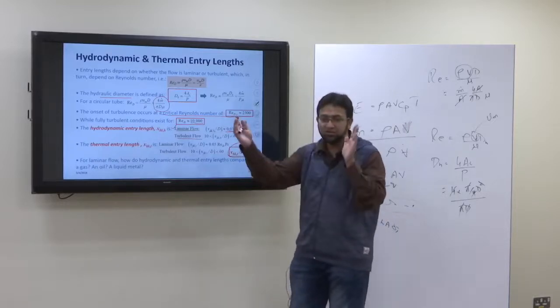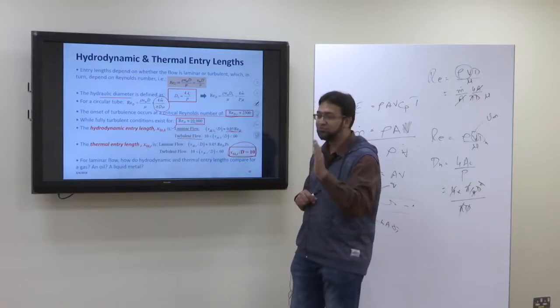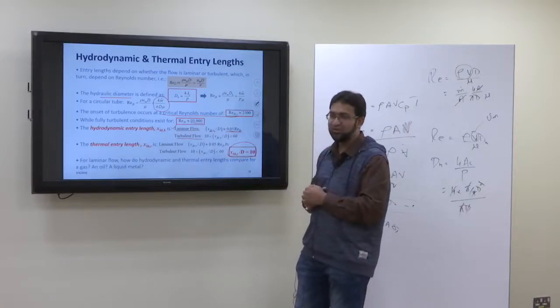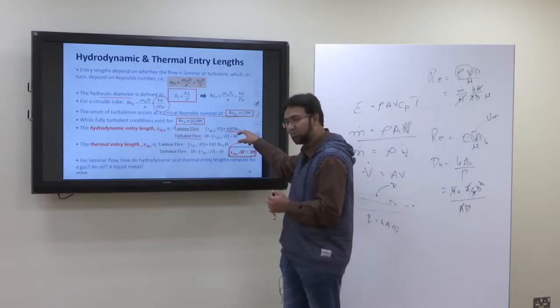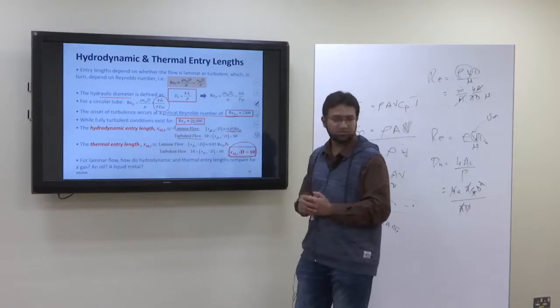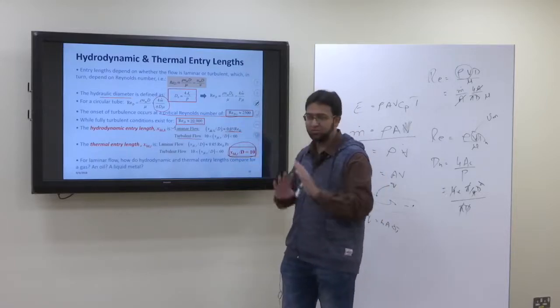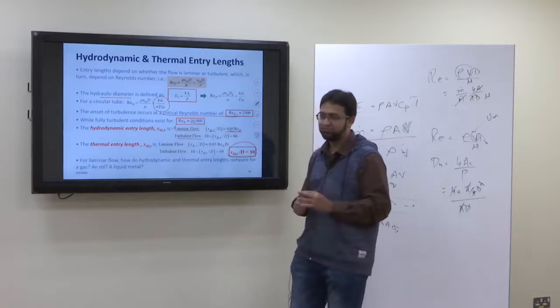This is the entry length if the flow is turbulent. You first need to know the Reynolds number to know if it is laminar or turbulent. If it is laminar, then multiply 0.05 by the Reynolds number and by the diameter. That's the entry length. If it is turbulent, then there is no need for the Reynolds number. Just multiply the diameter by 10.